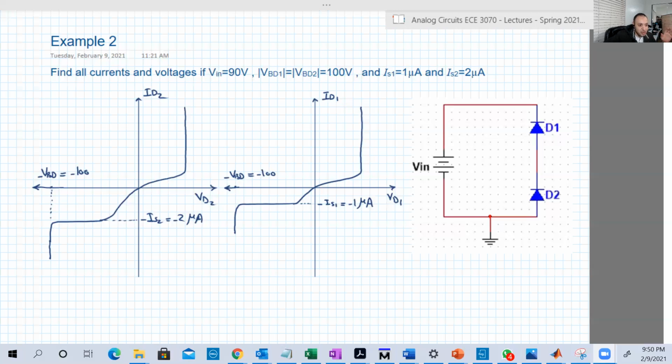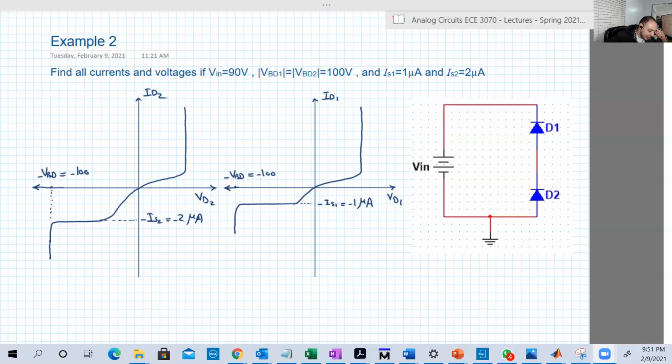This will add another nonlinear equation. If you have one diode, you will have one nonlinear equation. If you have two, you have two nonlinear equations. Three, you have three, and so on. It's really complicated, but let's see how we're going to overcome such a thing.